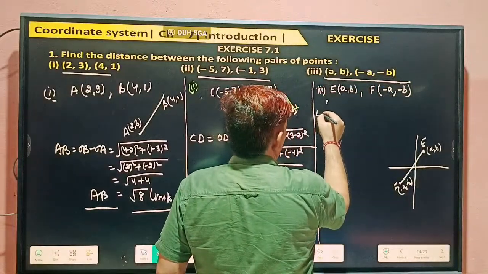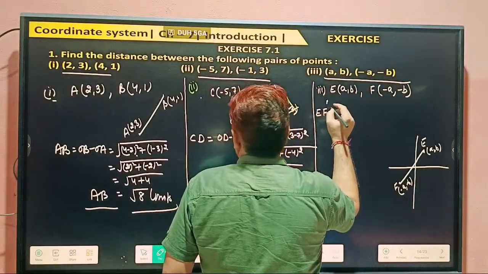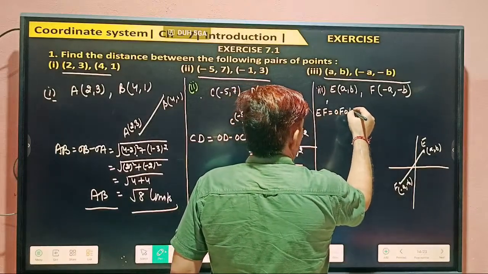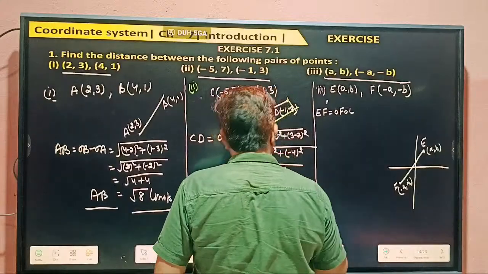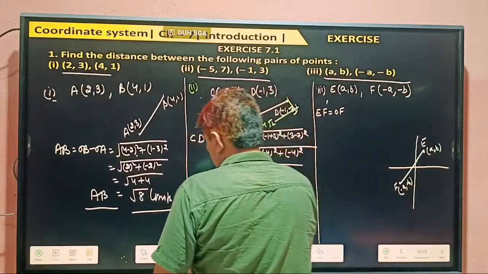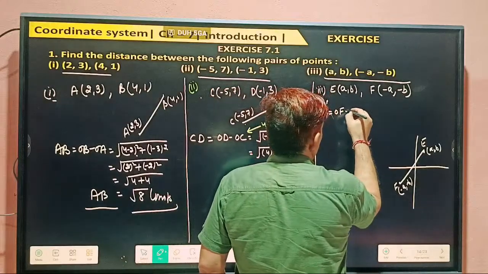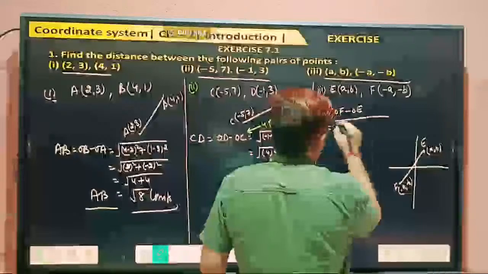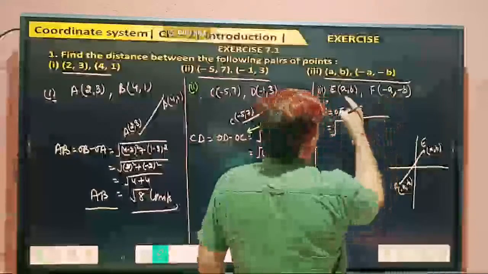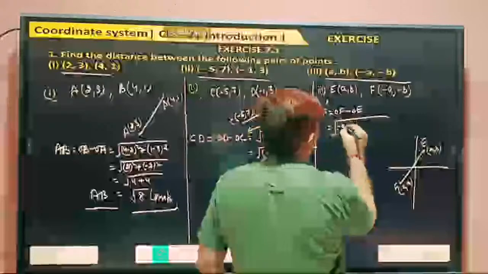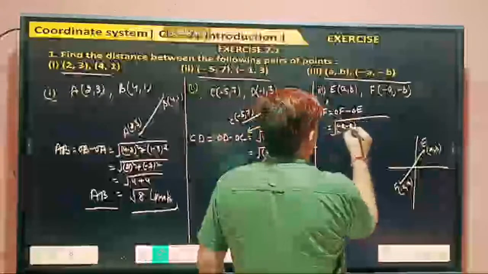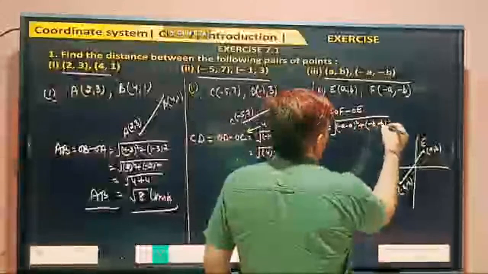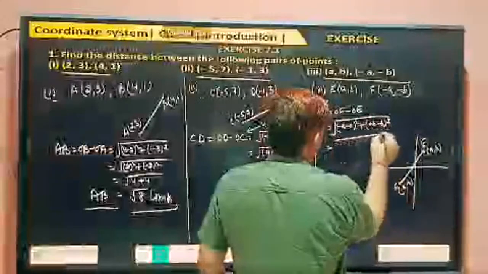We have to find out the distance between them. So we know EF equal to OF minus OE. So what we can say, under the root, F coordinate minus a minus a, plus minus b whole square. So what does it become?